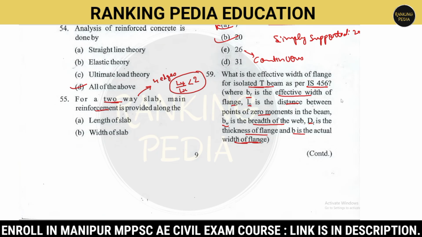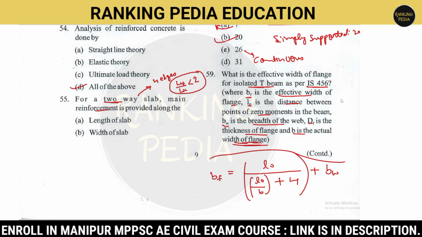So the effective width of flange for an isolated T-beam is determined by the formula bf = L0 / (L0/b + 4) + bw. bw is the width of the web. So this is the correct formula to calculate the effective width of flange for an isolated T-beam.